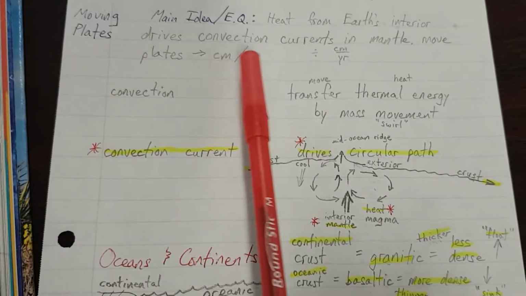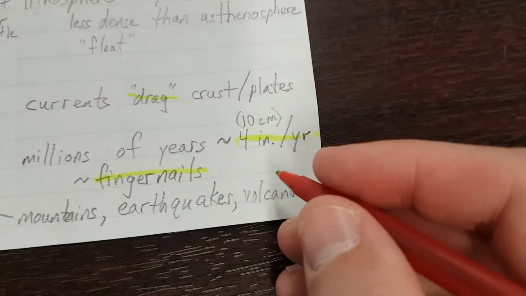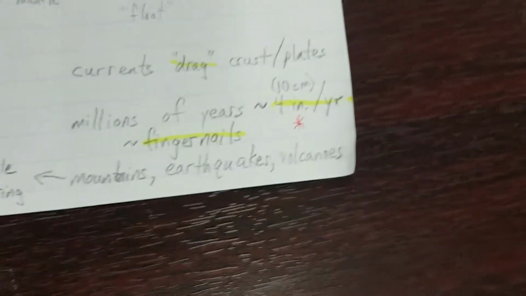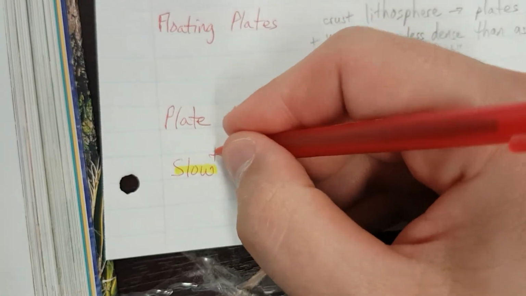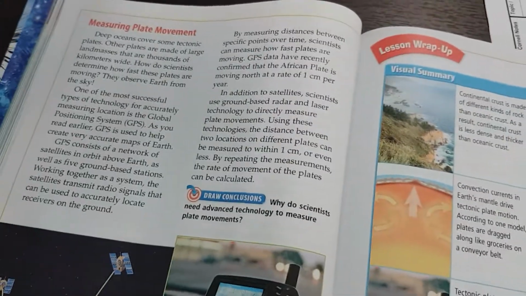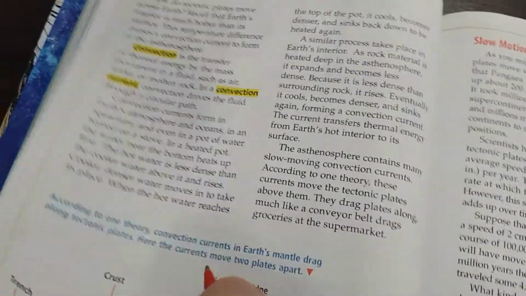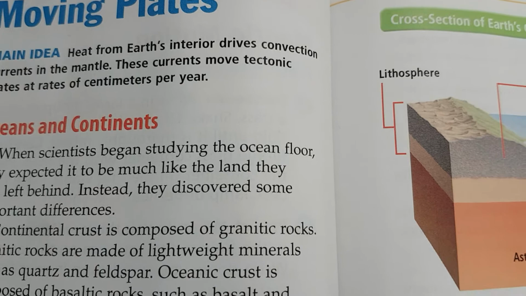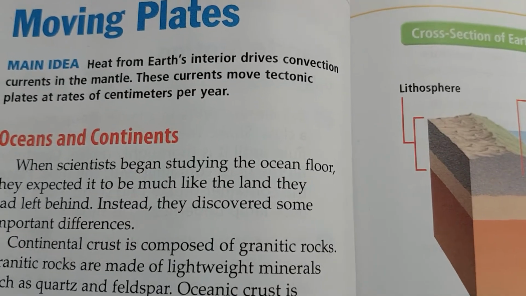Move plates centimeters per year. So the plates move very slowly, only about 4 inches per year. How did they say it? These currents move tectonic plates at rates of centimeters per year.